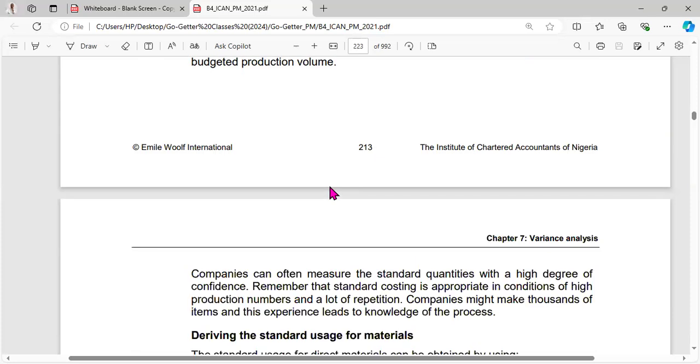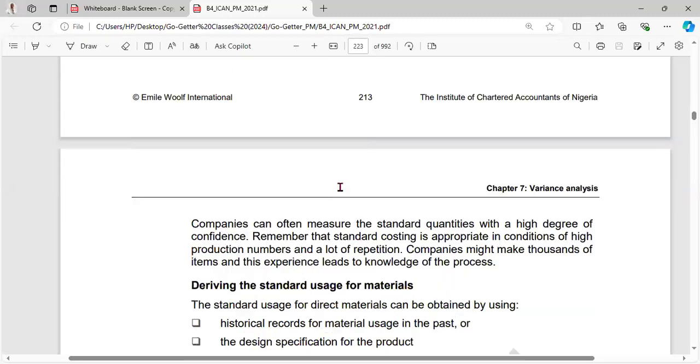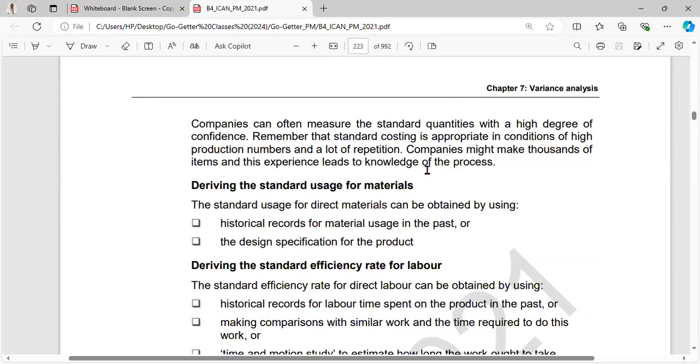Companies can often measure standard quantities with a high degree of confidence. Remember that standard costing is appropriate in conditions of high production numbers and lots of repetition. So that's what we usually rely on standard costing for.